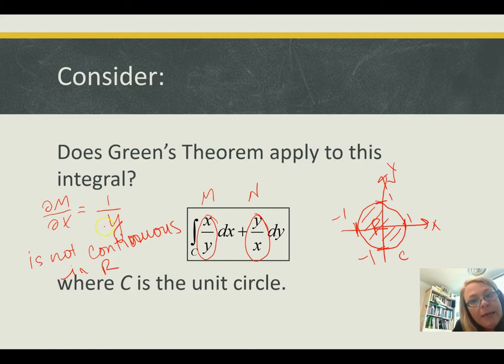Because y equaling 0 creates a problem, a discontinuity. So all along the x-axis here are points of discontinuity for this partial derivative. I don't have to check any of the remaining partial derivatives because I know immediately that it fails for this one, so I cannot apply Green's theorem.